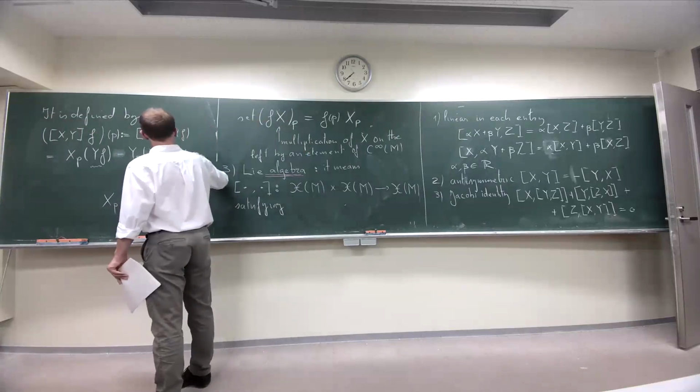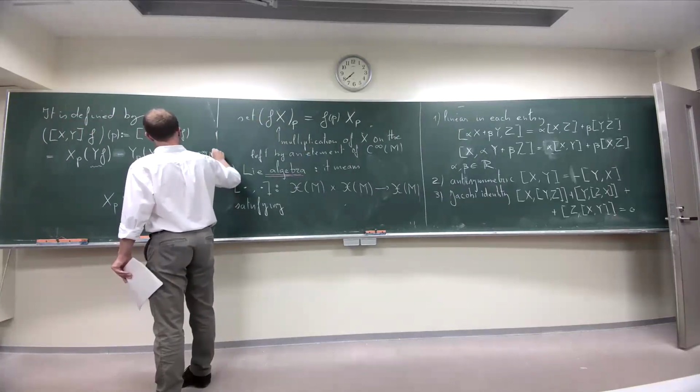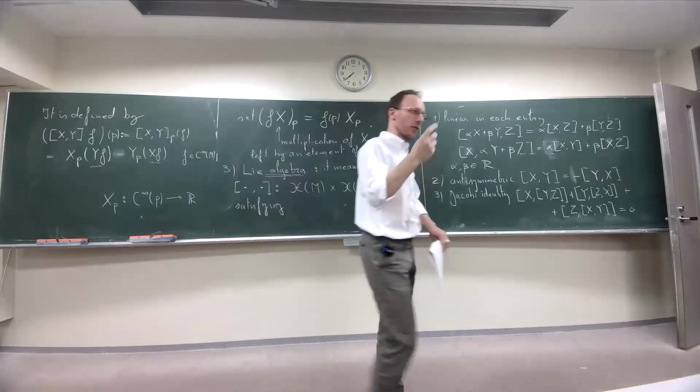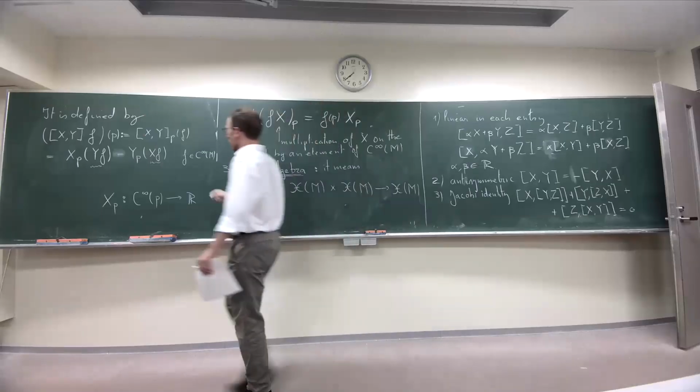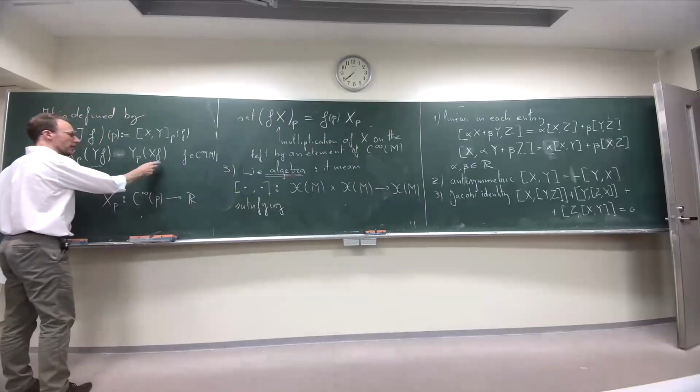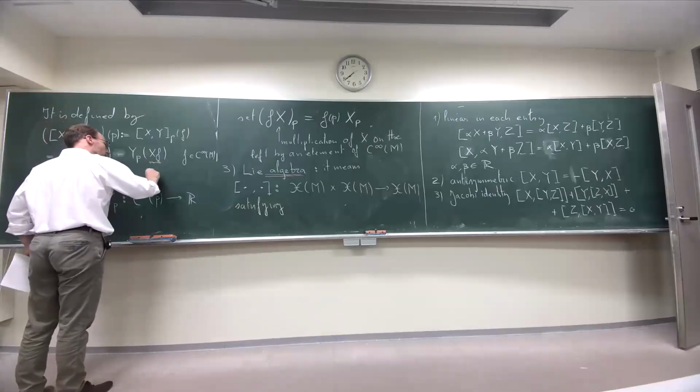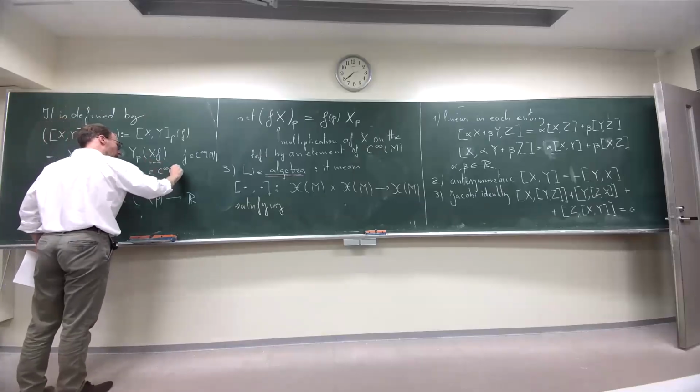You need to take f in C infinity of M. That's okay, because at every point p, so this X f, in fact, is a function. I'm claiming that this is a new element of C infinity of M. Why?